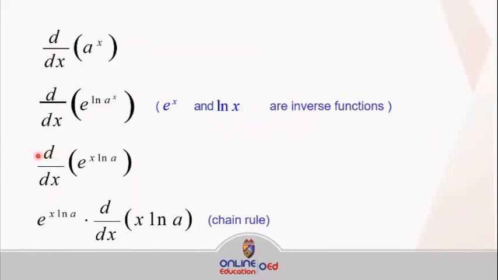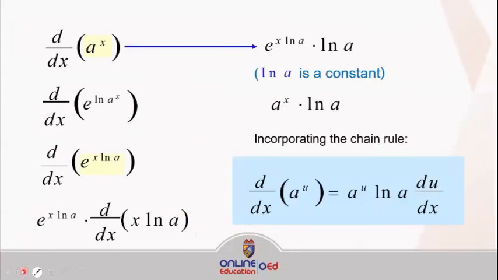And then we have also d over dx of e raised to x ln a, and yung chain rule natin, e raised to x ln a times d over dx of x ln a. So chain rule is other discussion natin. And sabi natin kanina, pwede natin makuha for the a raised to x yung based dun sa exponential natin.